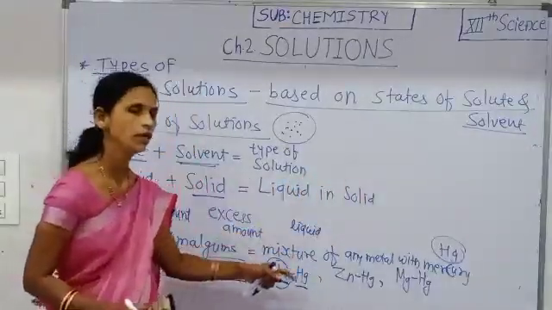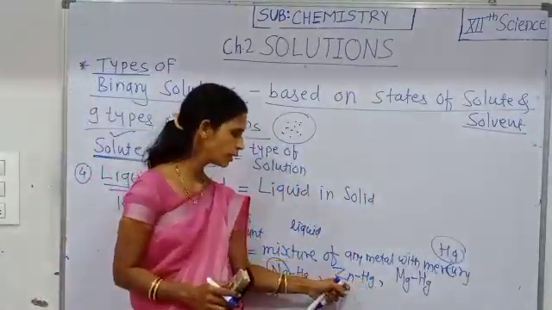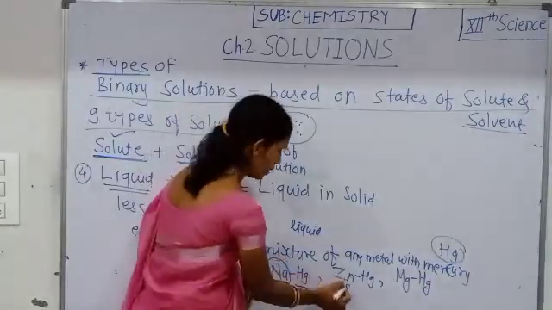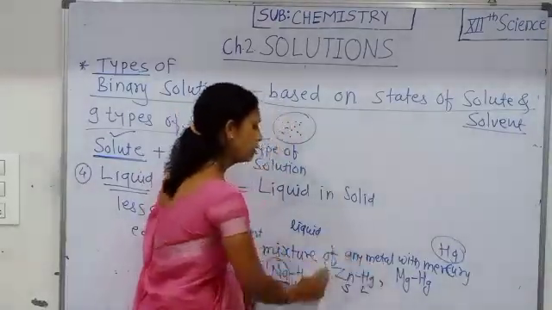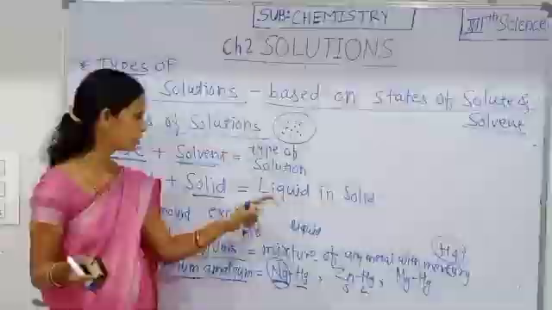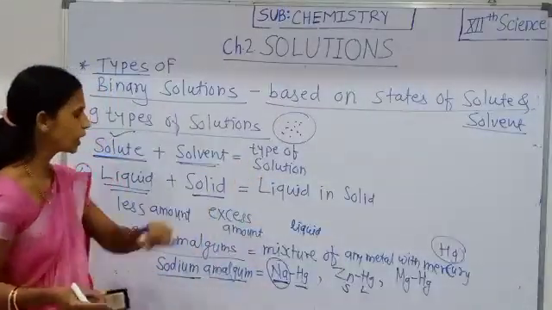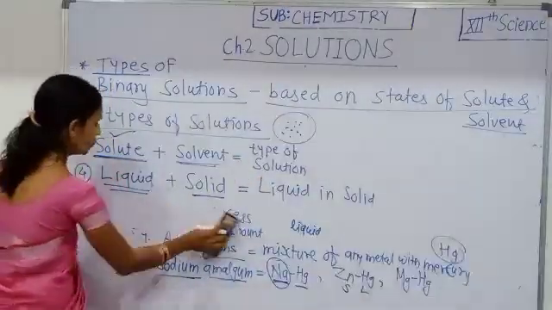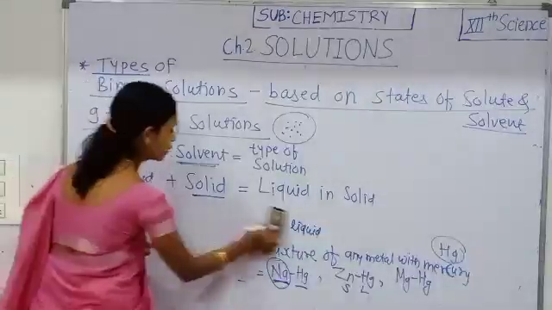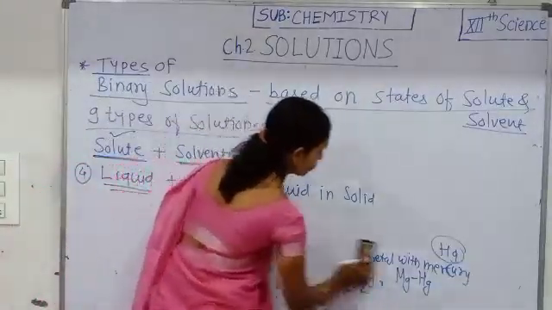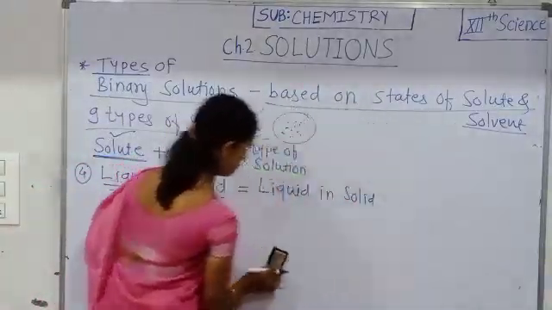Zinc amalgam, zinc which is solid, whereas Hg is liquid, so zinc amalgam is obtained here. Magnesium amalgam, those are a few examples of liquid in solid type of solution.